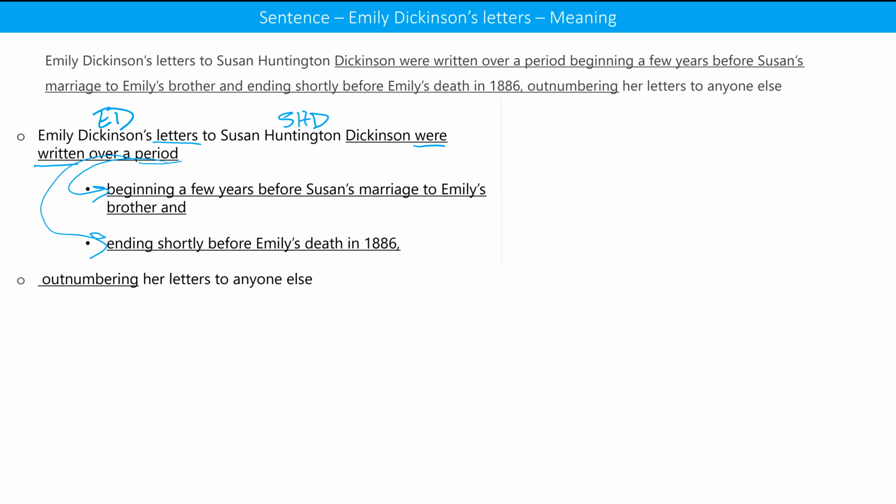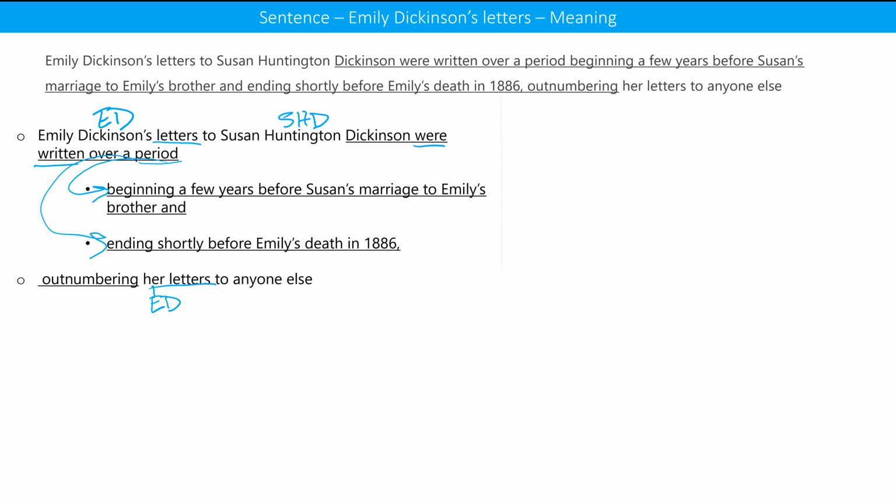Makes complete sense. And as I continue reading, I find out that these letters are outnumbering her letters to anyone else. So this is telling me that these letters that were written are outnumbering her letters. So this must be her referring to Emily Dickinson's letters to anyone else.